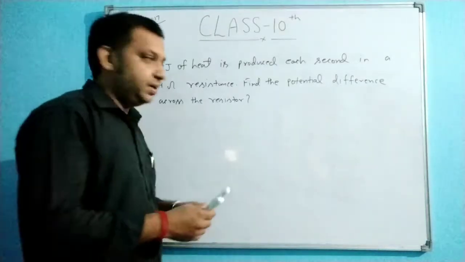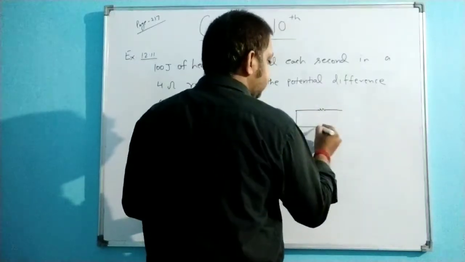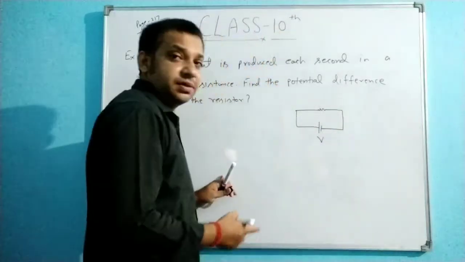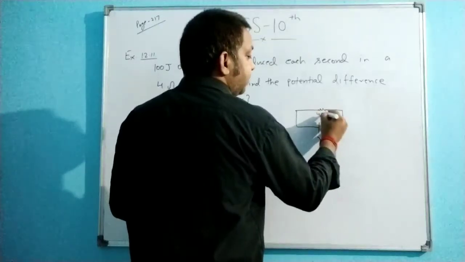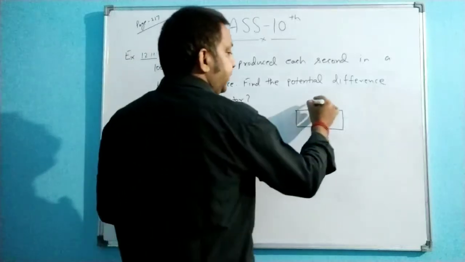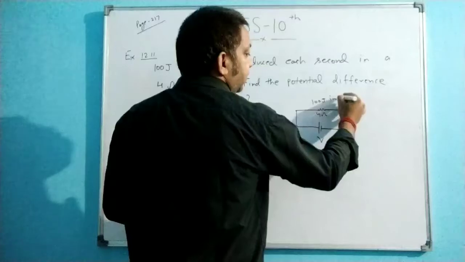So I hope you understand. So the simple circuitry is here. There is a resistance, and there is applied voltage V, and the value of the resistance is given, 4 ohm. And here the heat liberated is 100 joule in each second.